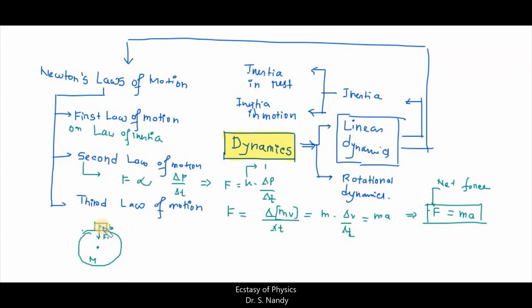The object is also attracting the earth towards its own direction, and that force can be represented as F21. So F12 represents the force exerted on the object by the earth, and F21 represents the force exerted on the earth by the object.